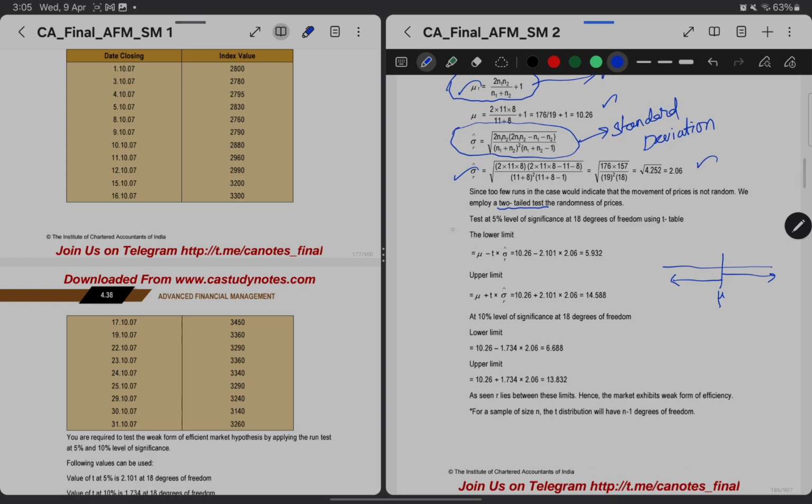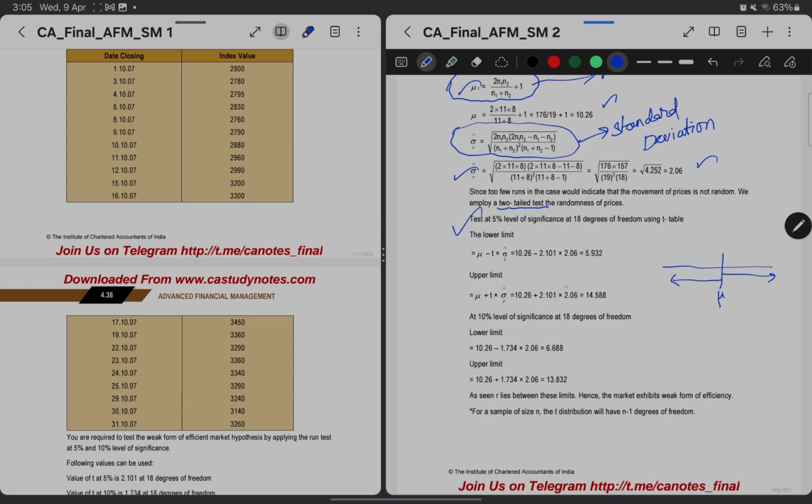First we will go with the 5 percent. For that, the mean minus the value of t multiplied by the standard deviation gives us the lower limit, and the same goes with positive.